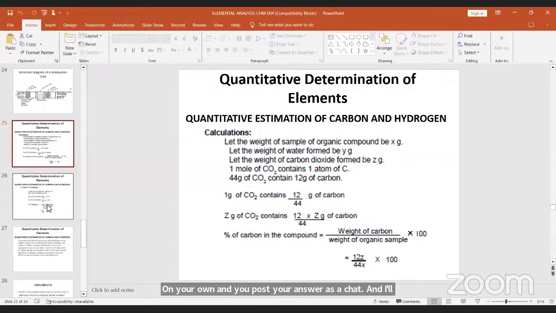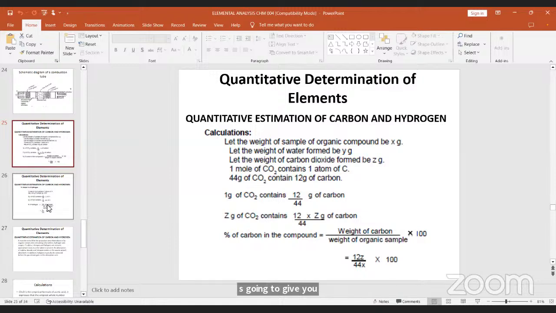So I'm saying that if I have an organic compound that contains only hydrogen and carbon, and this organic compound weighs 24 grams, the question is, what is the mass of carbon in that compound? I said, using the mass ratio, because we know that when you oxidize the compound, it's going to give you carbon dioxide.